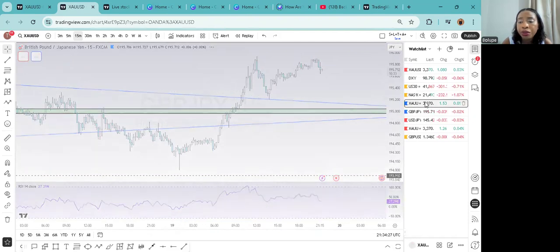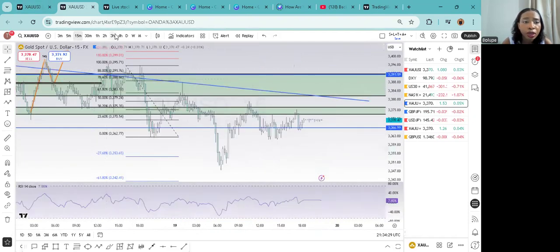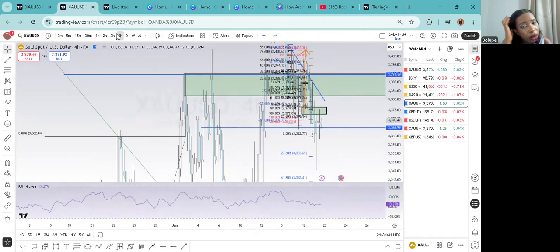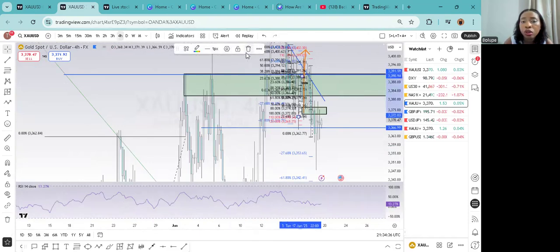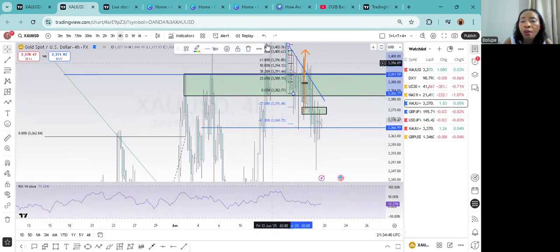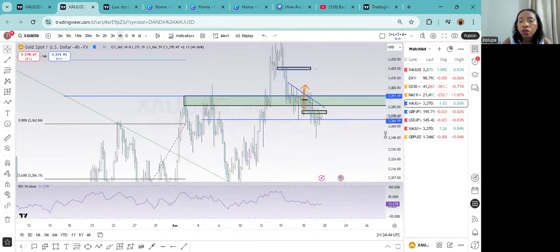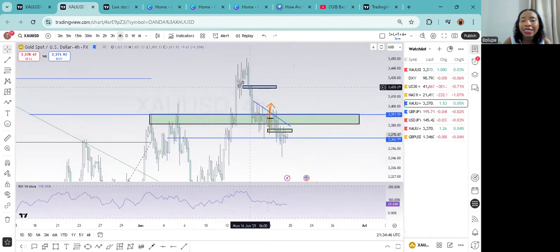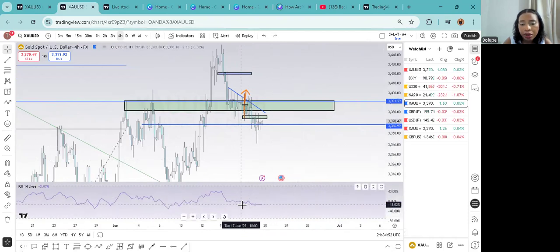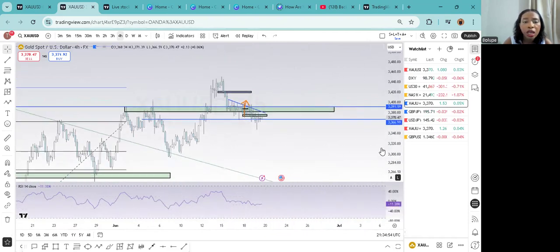Meanwhile, let me talk about the major structure of all the minor structures we talked about. Our major structure, you can see this is just exhaustion, like it's just coming down, and it's not even creating divergence.